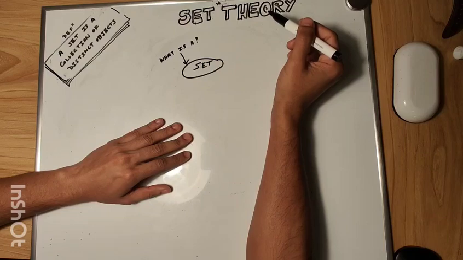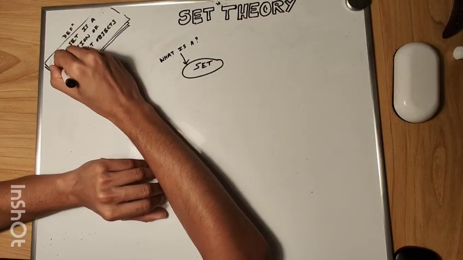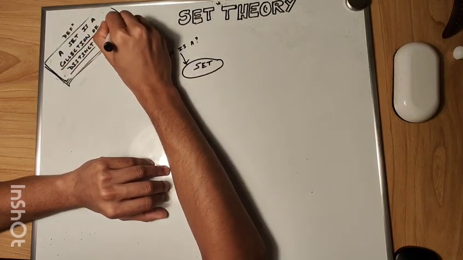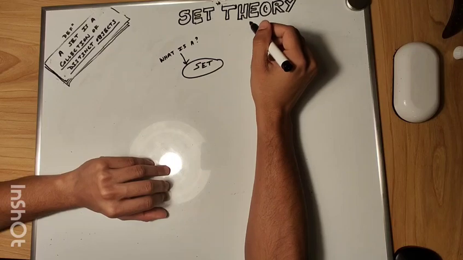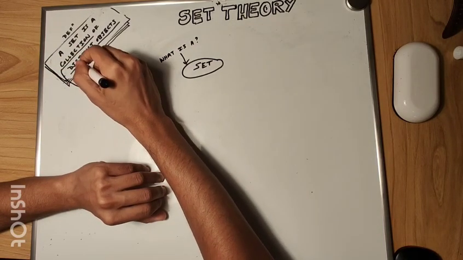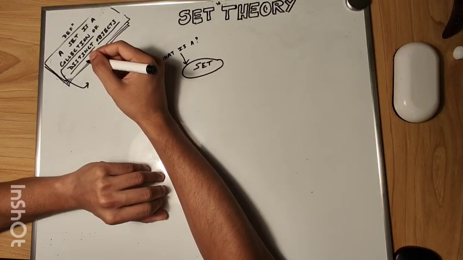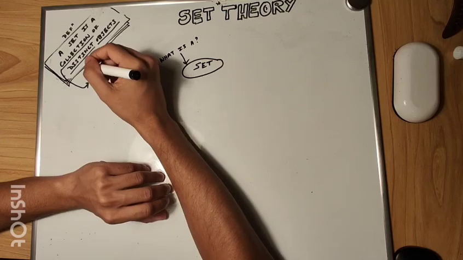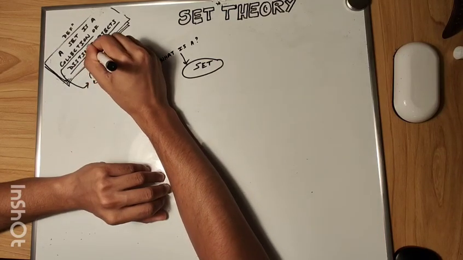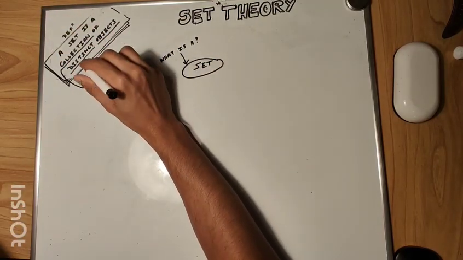Now, I don't really like this definition as a definition because it has these words: collection, distinct, and objects. The reason is the word collection itself is a lot like set. In fact, I have seen a definition of collection which uses the word set, so you get a circular definition if you were to take that definition of collection. So I don't want to use that.